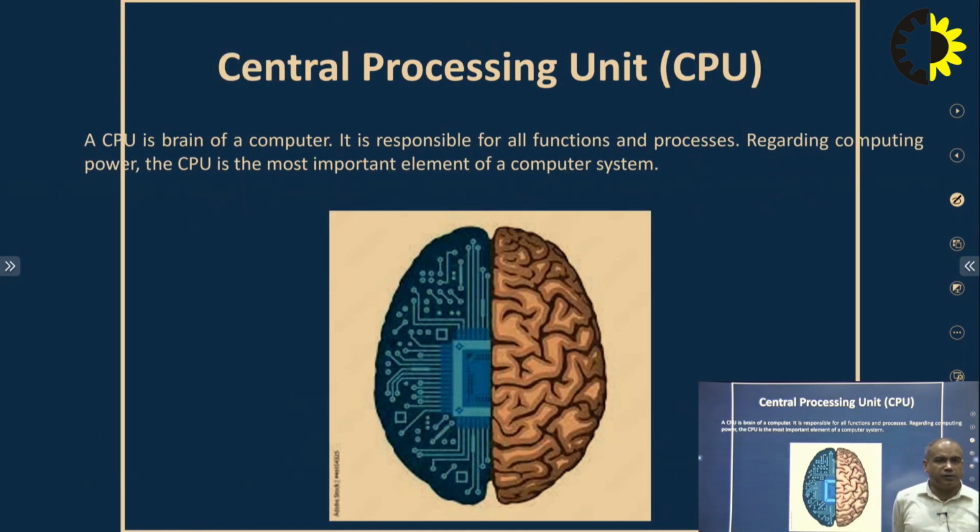The next important term is the central processing unit, which we call the brain of the computer. It is responsible for all the functions and processing regarding computing power. The CPU is the most important element of the computer system, which processes arithmetic and logical operations.